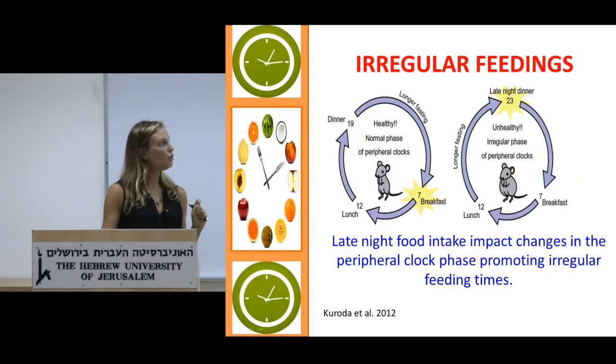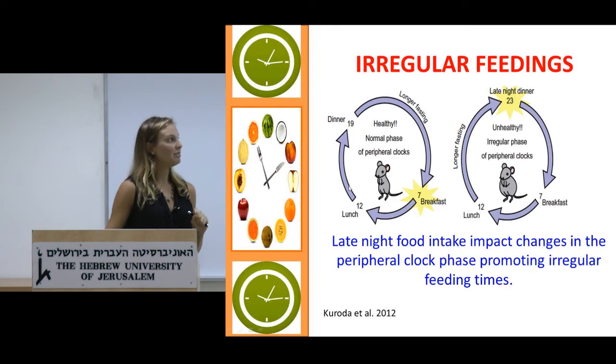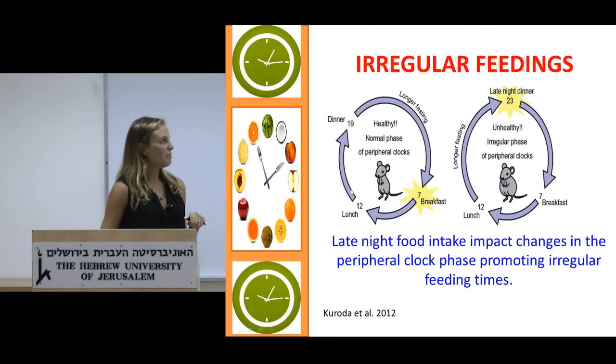And finally, I want to show you this study with animals. You can see a lean mouse and a fat mouse. I want to show you this very simply. Here, this mouse is following a regular eating schedule, breakfast at 7, lunch at 12, dinner at 7.